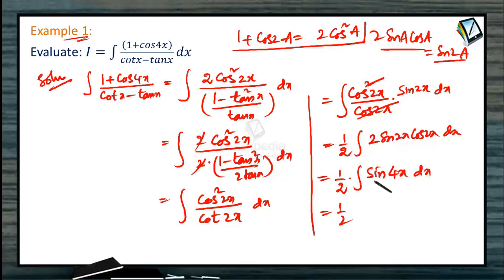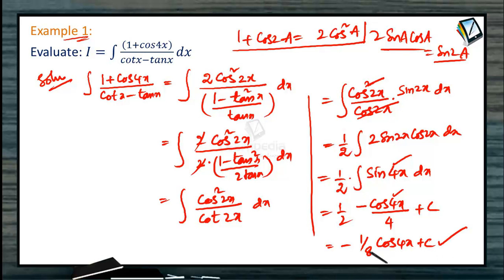Therefore, using integral of f of ax plus b, that is capital F of ax plus b by a, where this is a, integral of sin is minus cos of 4x by a, that is 4, plus c. Therefore minus 1 by 8 times cos 4x plus c will be the correct answer for this question.